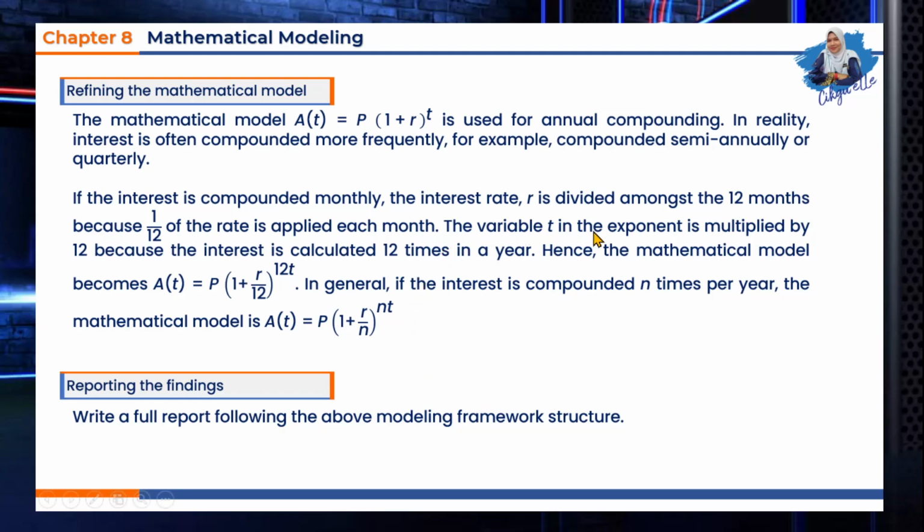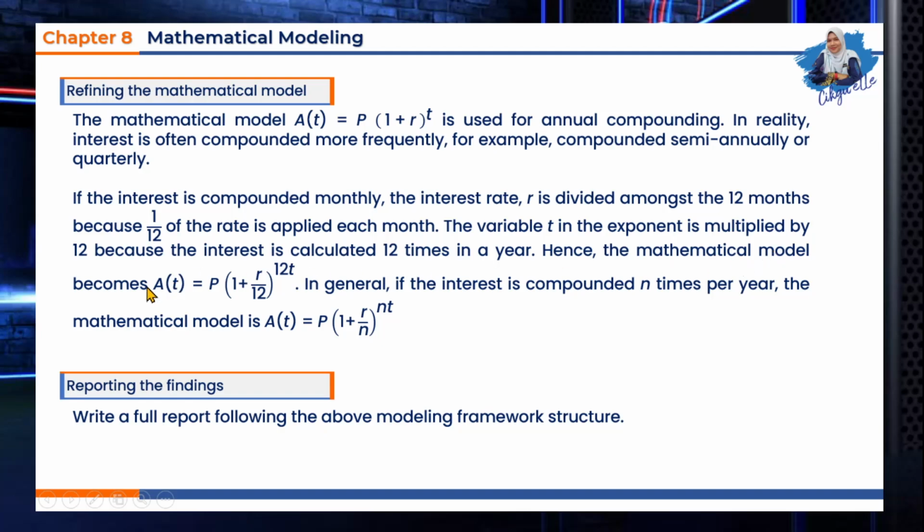The variable T in the exponent is multiplied by 12 because the interest is calculated 12 times in a year. So T has to be multiplied by the number of times interest is compounded in the year.